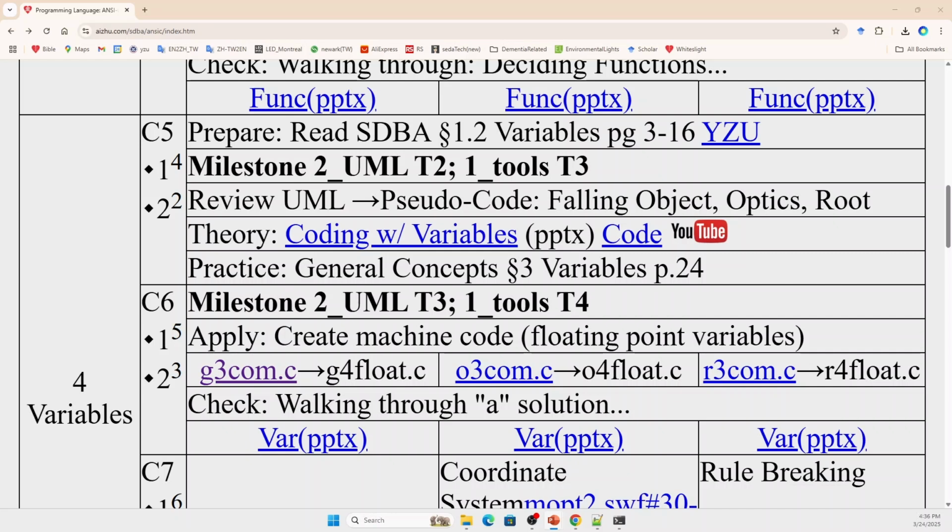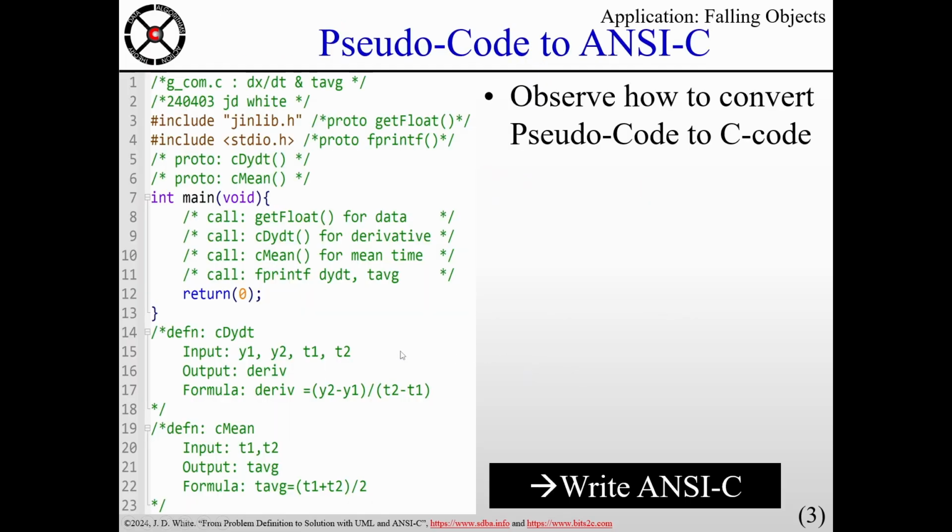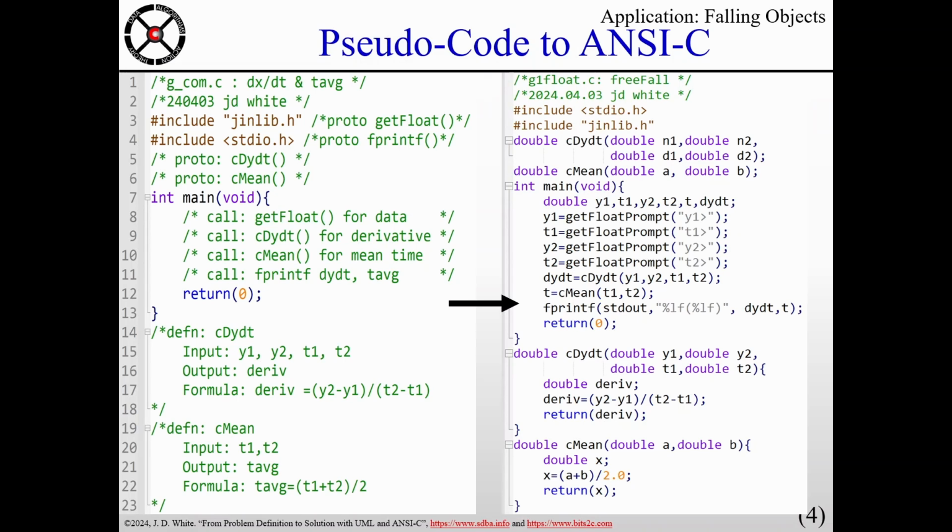This is the one, I think. All right. So this was the pseudocode we had, and you have successfully converted it now into ANSI C code.